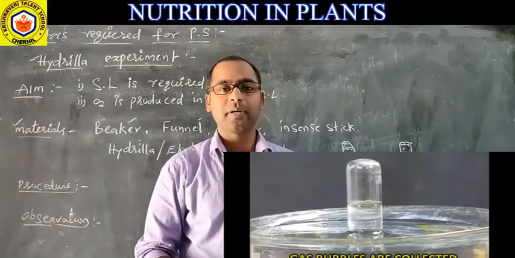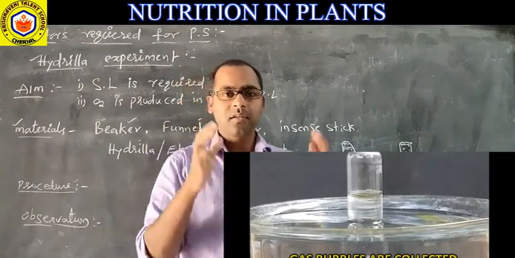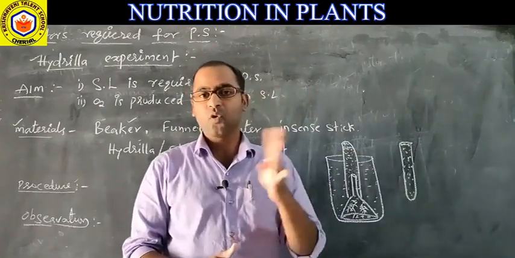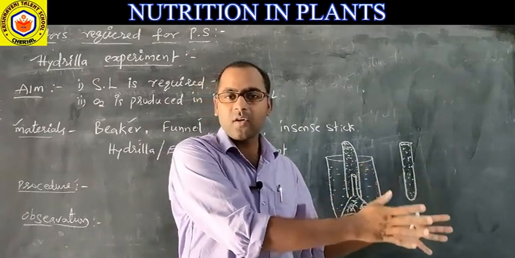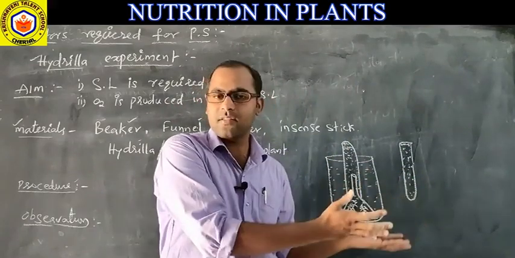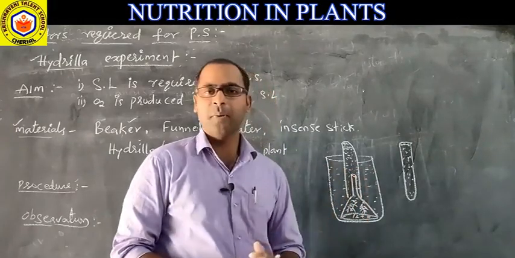That water place is occupied by the gas released from the Cara plants. This confirms that photosynthesis requires sunlight, because when it is placed in a dark room there is no production of gas.